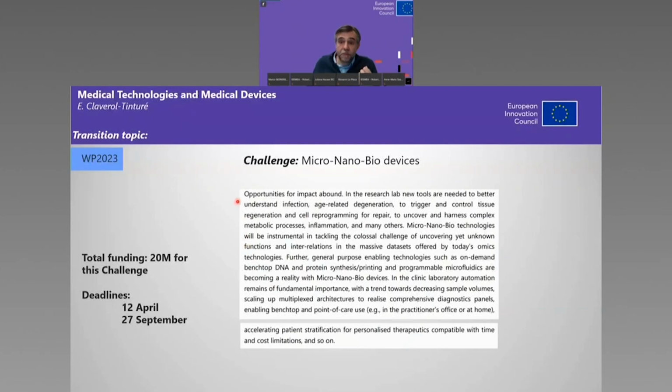In the research lab, new tools are needed, for example, to better understand infection, age-related degeneration, to trigger and control tissue regeneration, cell reprogramming for repair, to uncover and harness complex metabolic processes, inflammation, and many others. So here in this sentence, we're actually saying the device could be targeting a research market.